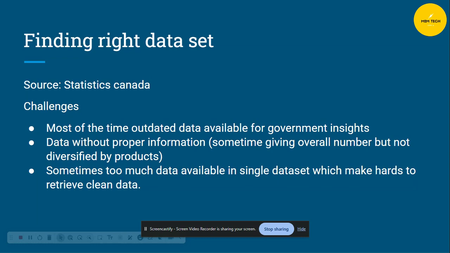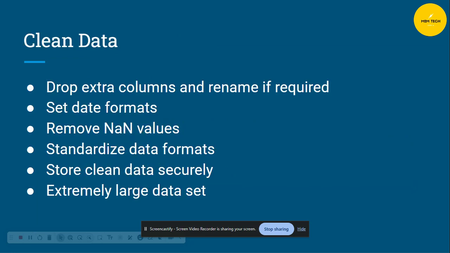And many times it happened that I have almost 100 columns available, and at first I feel a bit hesitant to work with it because then I have to make the cleaning part a bit longer. So to clean data, I got almost 30-ish columns in my data set.